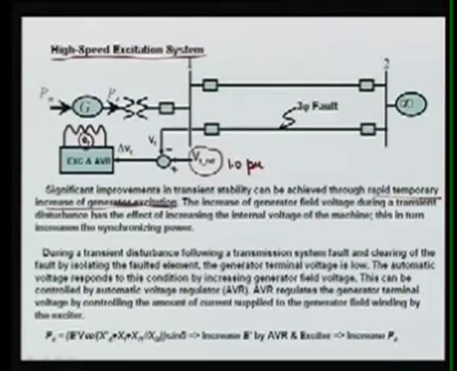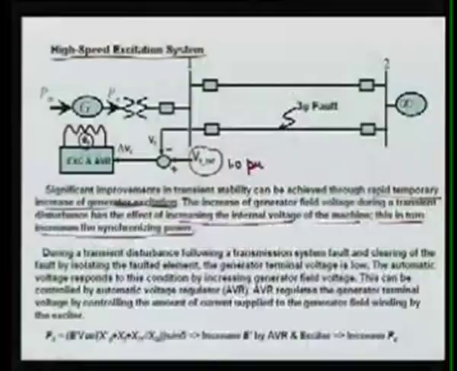The increase of the generator field voltage during the transient disturbance has the effect of increasing the internal voltage of the machine, and thus in turn increases the synchronizing power. So it will increase the synchronizing power, and therefore your system will be more stable.